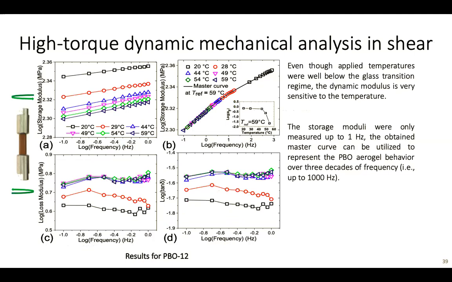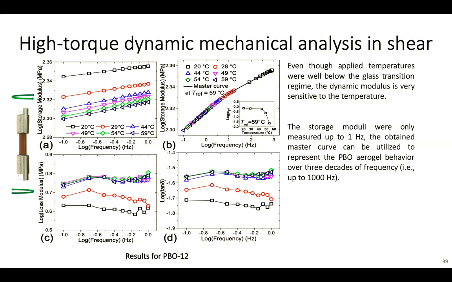Dynamic properties were also studied. This is a high fidelity experiment. We again used an instrument machine, which is more accurate than typical small DMA machines. In the torsion experiment, we picked still low temperatures compared to the glass transition of polybenzoxazine.